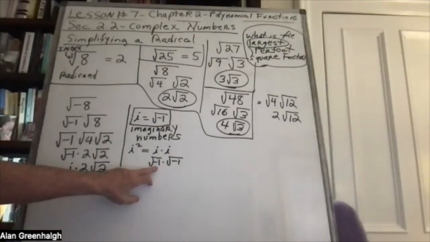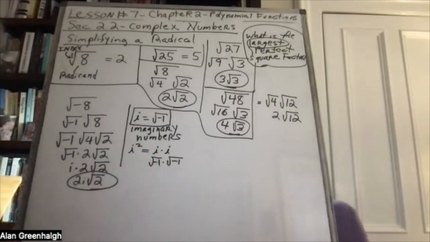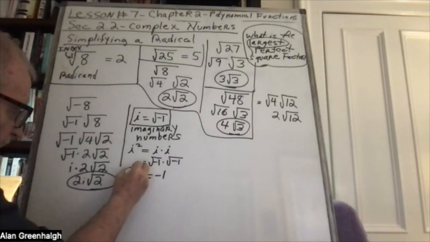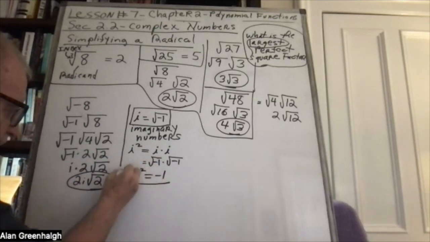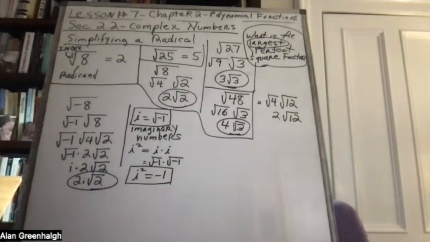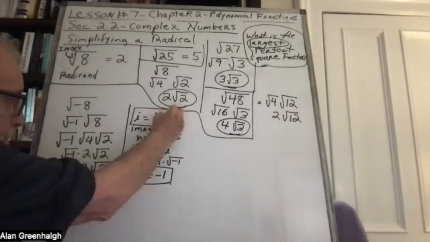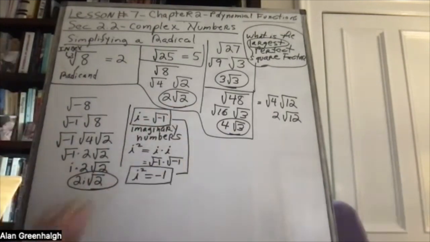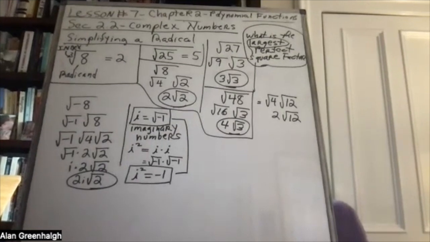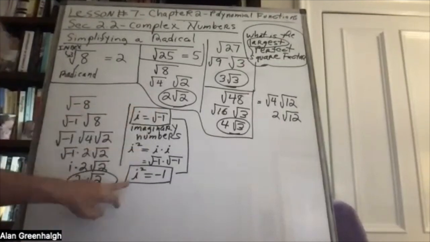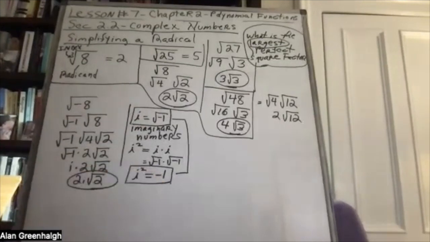The square root of any number times the square root of that number is equal to the number inside, and therefore i squared is equal to -1. Just remember these two things. This and this. These are the only two things that you're going to come up against throughout the semester. That i is equal to the square root of -1 and i squared is equal to -1.